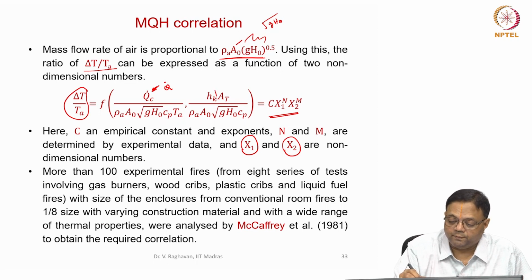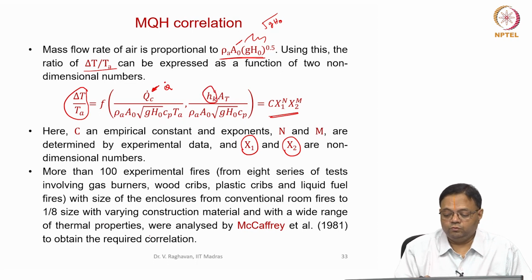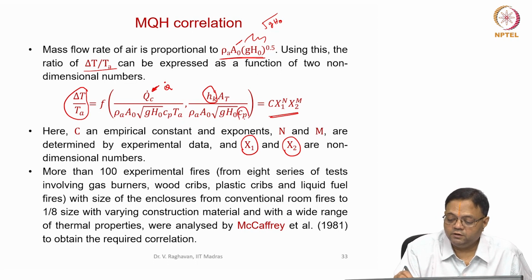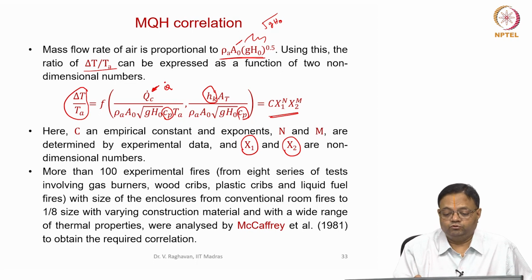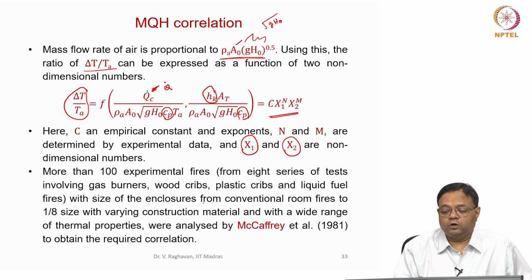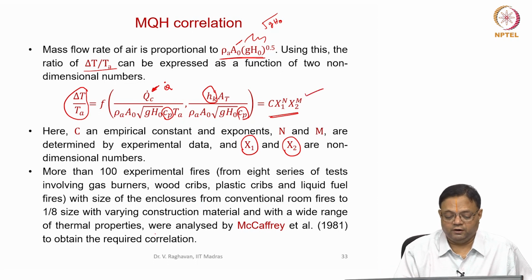Then there is some methodology to estimate Hk. At is known, all other factors are basically known. So, Cp value can be assumed to be some average Cp of, say, air and so on. So, now once I know this, then I can fix this correlation.